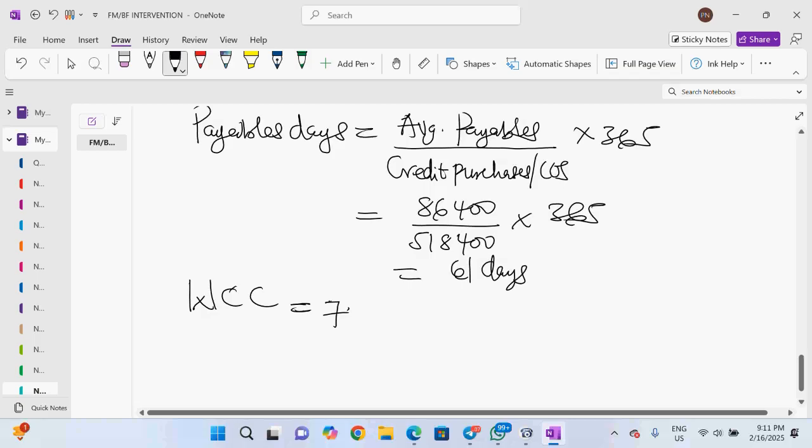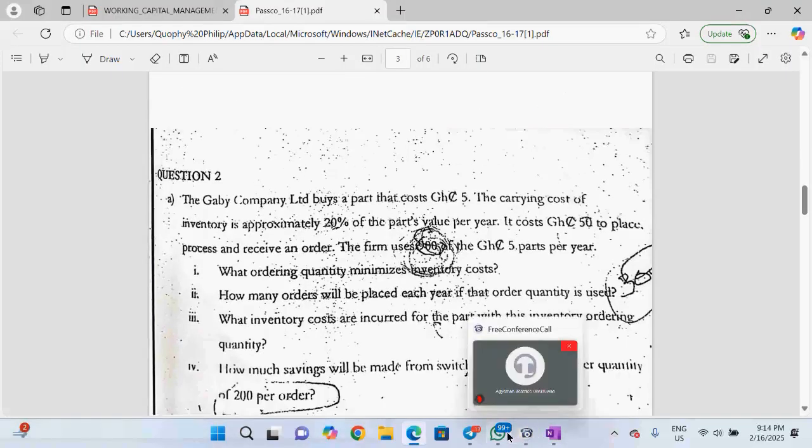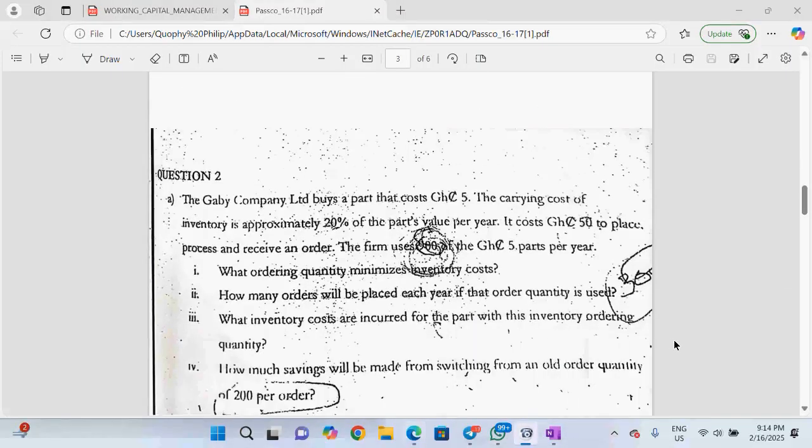All right. Can you still see my screen? No. Can you see my screen now? Hello, can you see my screen? No, please.